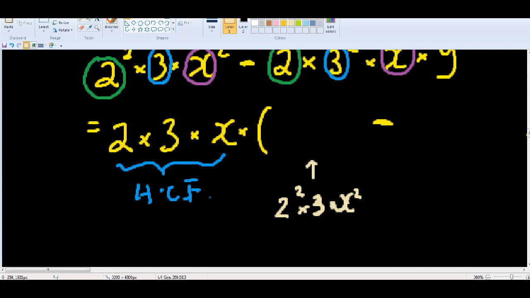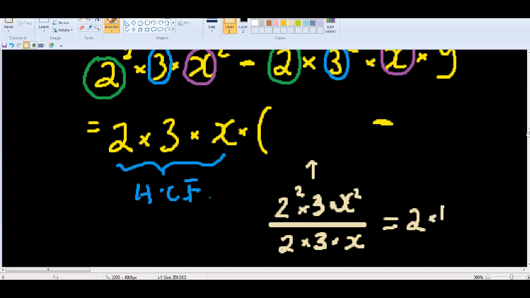Okay, then you use that to divide by the HCF 2 times 3 times x. Okay, 2 squared divided by 2, of course 2. You just reduce the power by 1. 3 divided by 3, that's 1, right? So that should be 1.